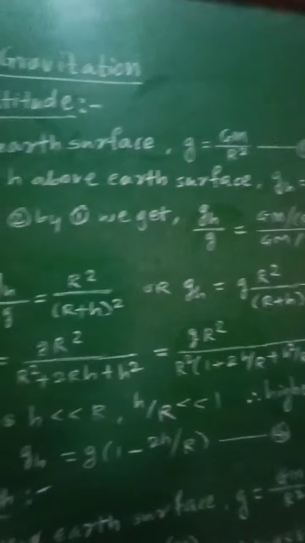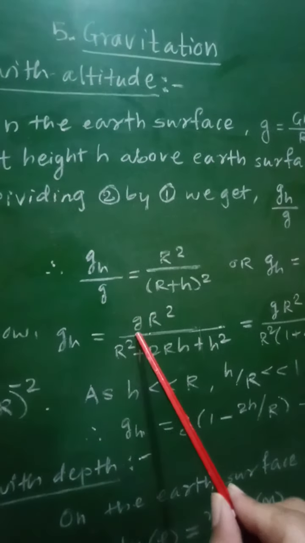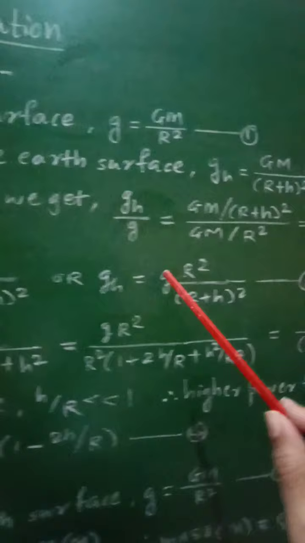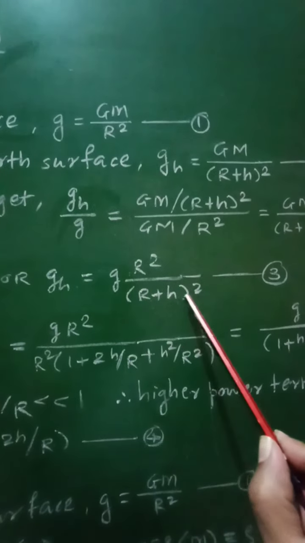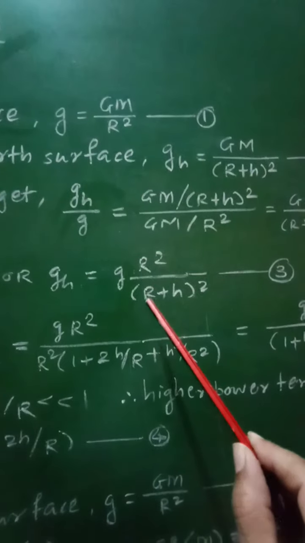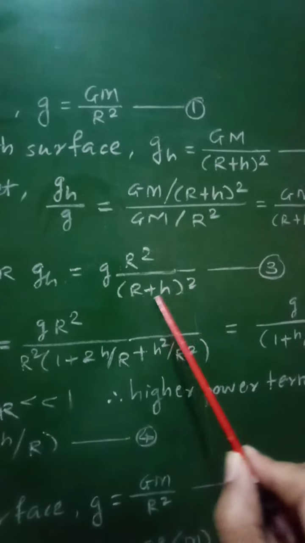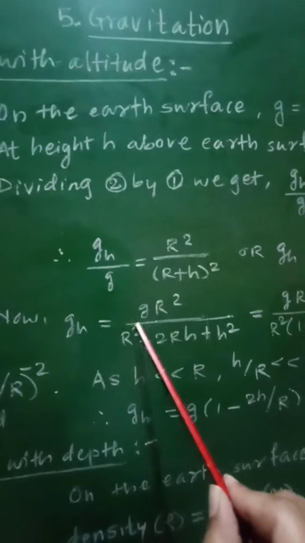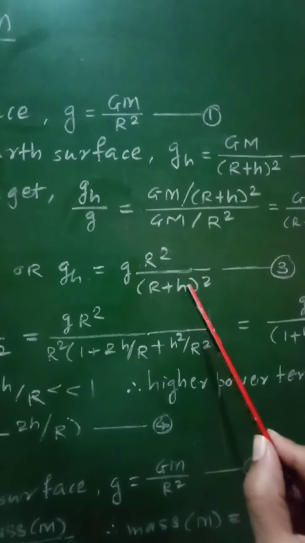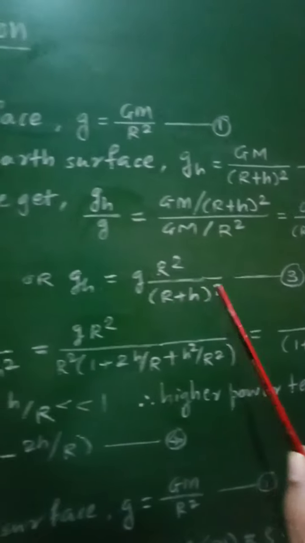Now this can be written as follows. As we have got gh is equal to g into r square upon (r plus h) whole square, now in simple form, it will be again simplified as gh is equal to g r square upon, this term will now be written in the form of its square, that is (a plus b) square, like this.